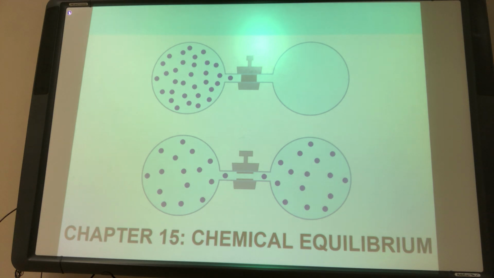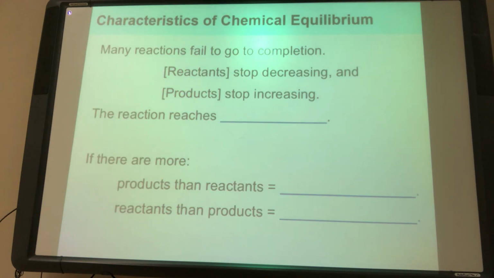But we also want to talk about chemical equilibrium when it comes to a reaction itself. Many reactions fail to go to completion. When I say fail to go to completion, I mean I've got A going to B, but it doesn't mean that all of A goes completely to B. The reactant concentrations stop decreasing and the products stop increasing, because the reaction reaches equilibrium.